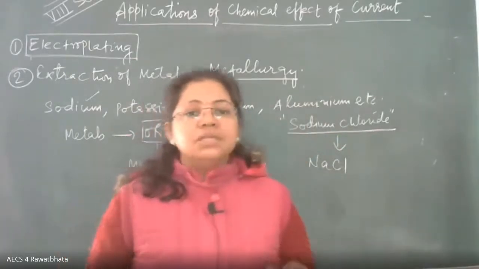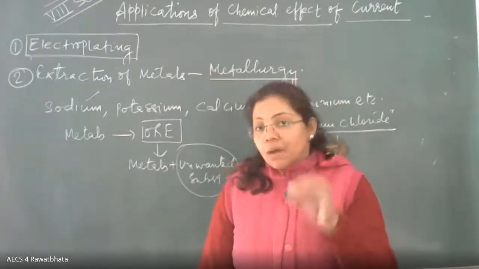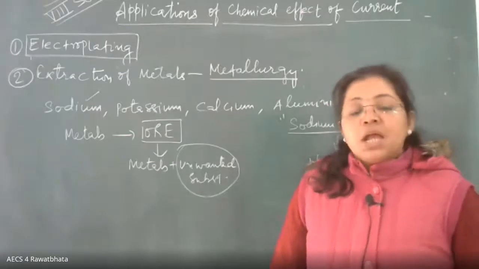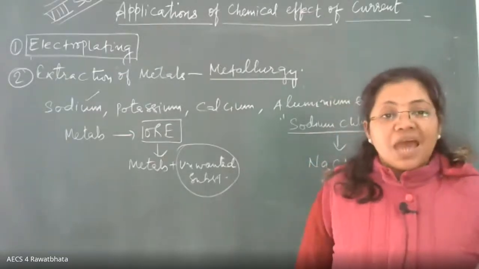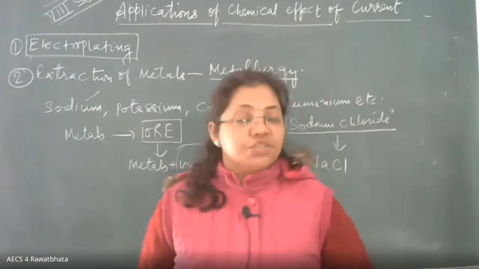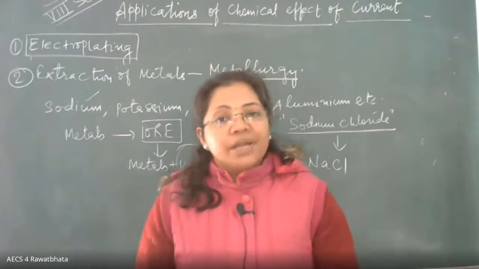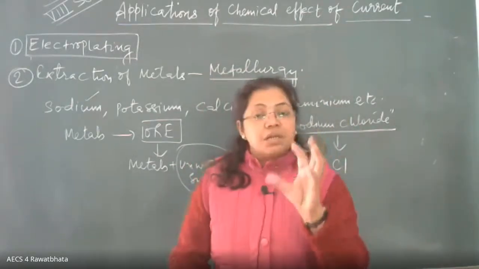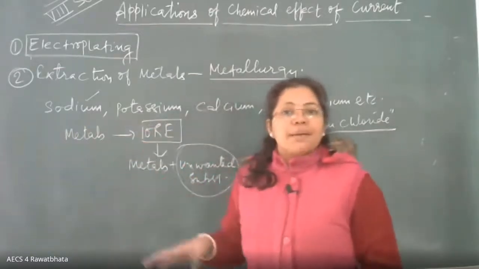The common table salt which we use for the cooking of food, जो नमक हम खाने में डालते हैं, that is sodium chloride, right? Now we know that this sodium chloride we extract from sea water, which we have learned in 6th standard, that we evaporate sea water, and after that we are left with this white color sodium chloride, right? तो sea water से हम नमक को separate कर लेते हैं.